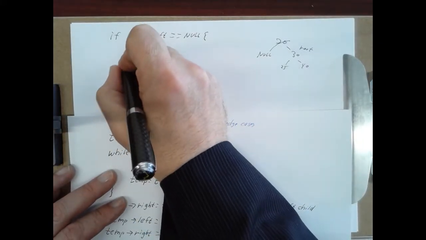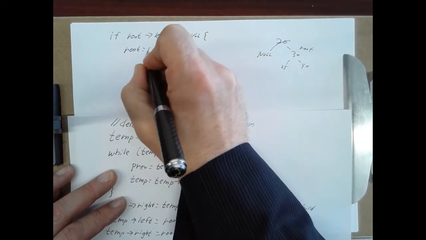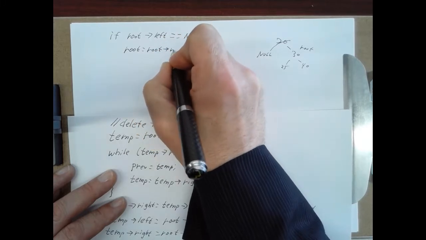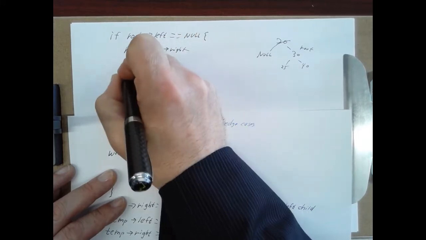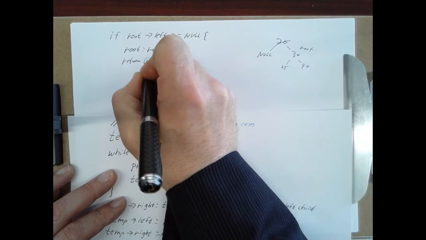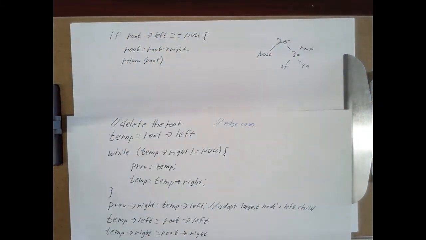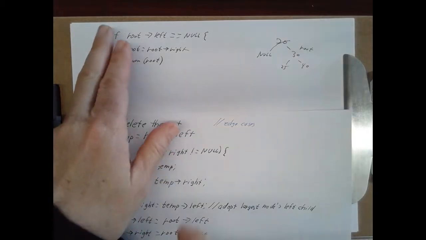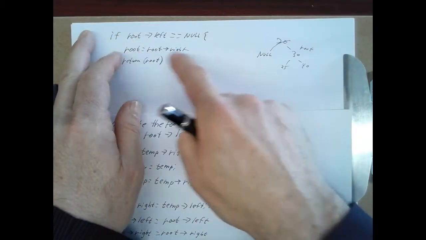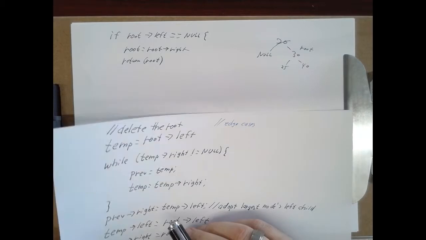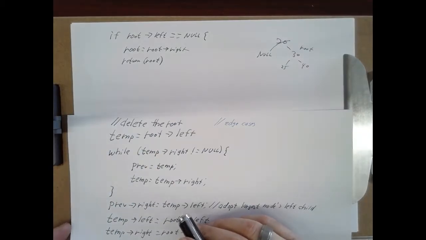So root equals root arrow right, and return root. That's redundant code. We could have just said return root arrow right. Doing this assignment really does nothing for us, but it's documentation.